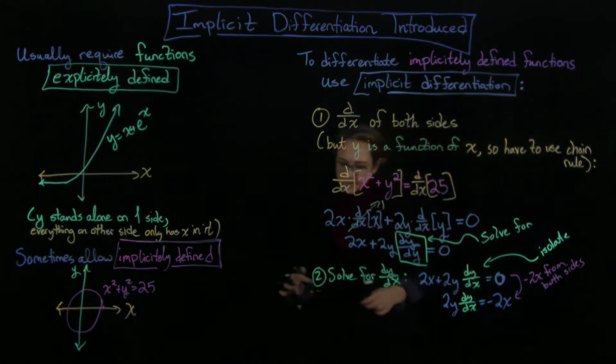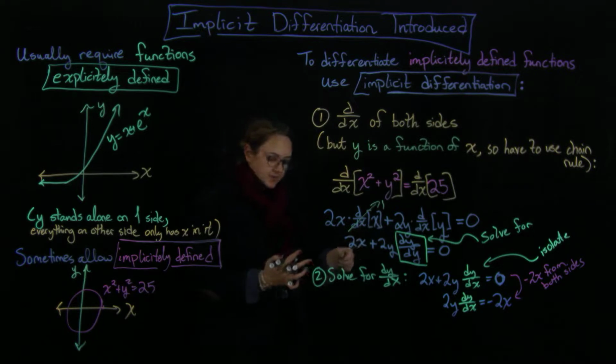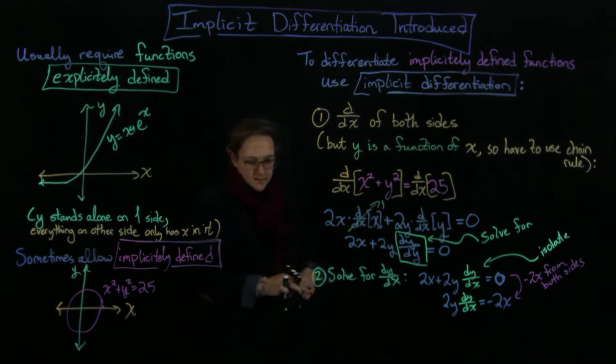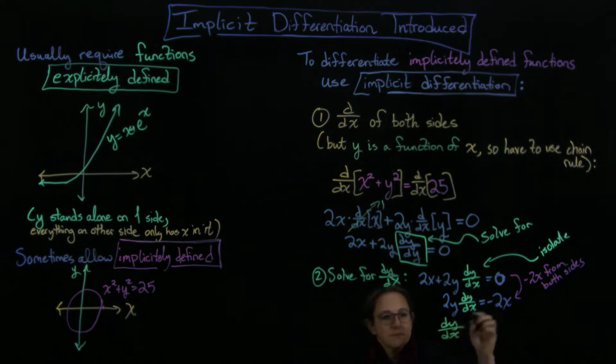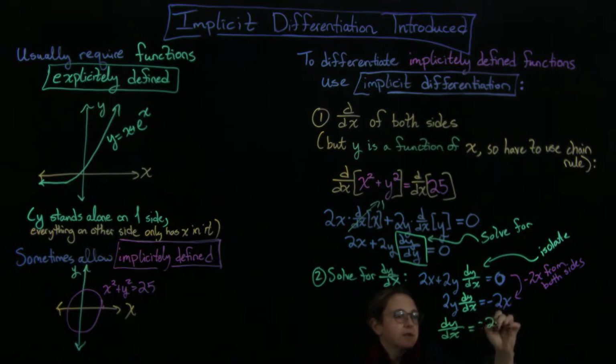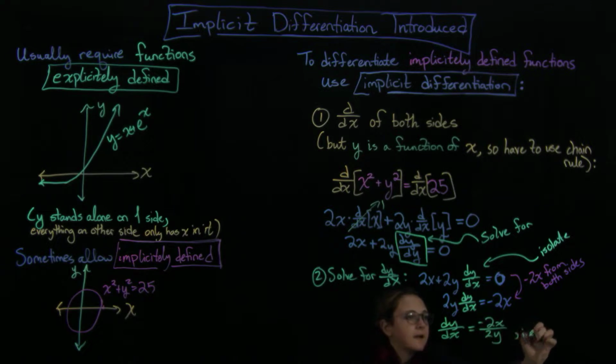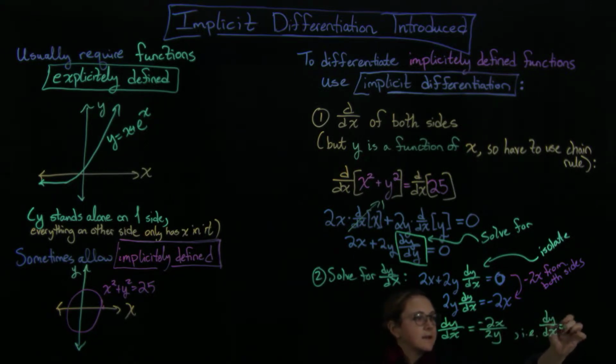And then now I just need to divide both sides by 2y, so I get dy/dx is going to equal, and then I'm going to be done, minus 2x over 2y, i.e. dy/dx equals minus x over y.